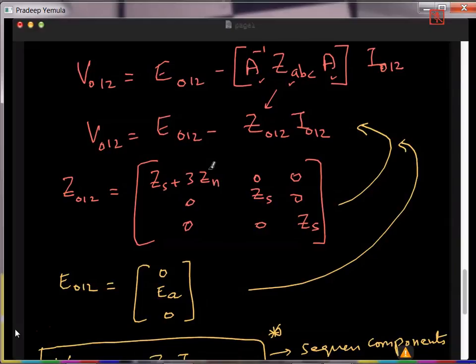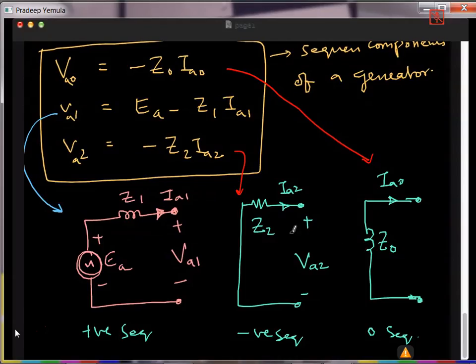So basically this is equal to Z0, this is equal to Z1, and this is equal to Z2. From the three equations, I got the three circuits. These are the sequence networks of the generator. Actually, these are very important. Once you have this, all other fault calculations will become very easy.